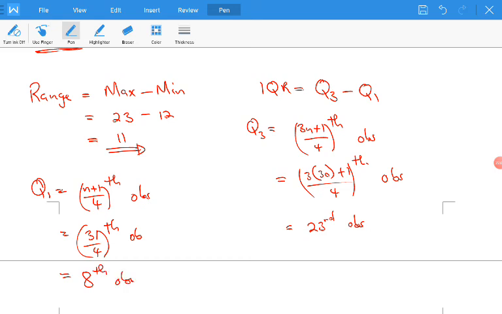Our 8th observation is equals to 16. Our 23rd observation is equals to 20. So the interquartile range is equals to 20 minus 16, which is equals to 4.